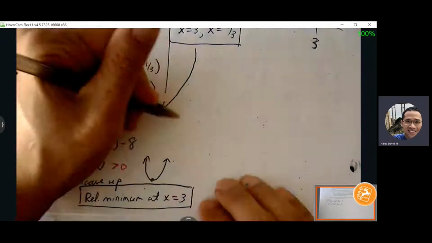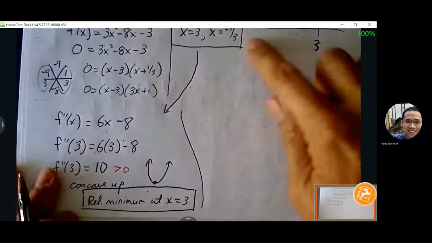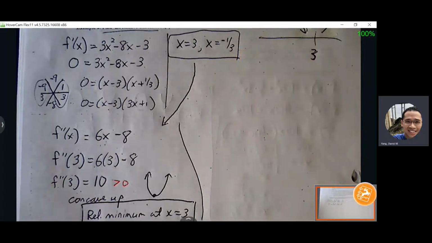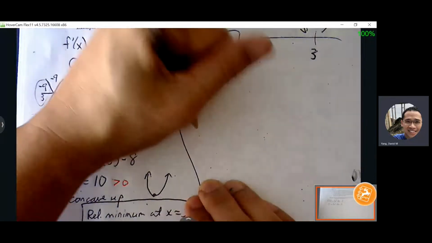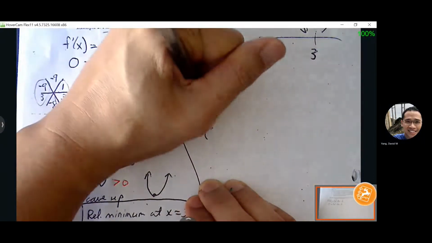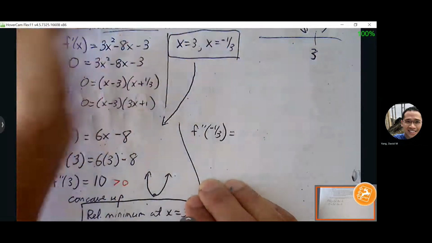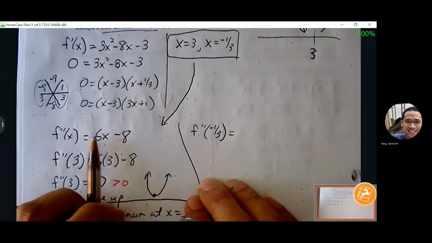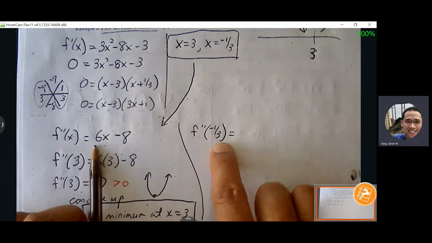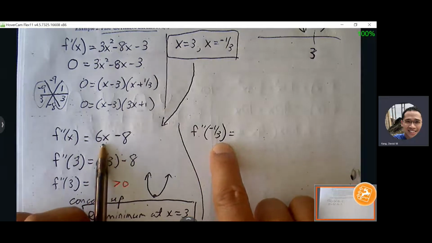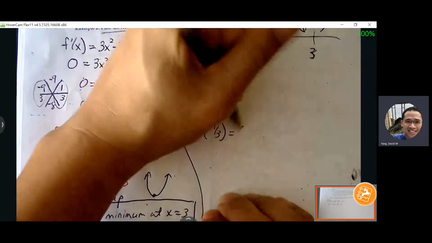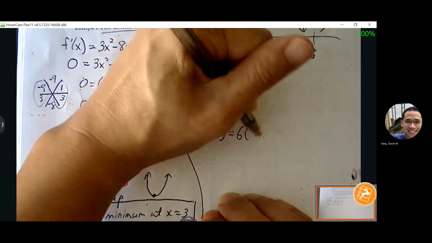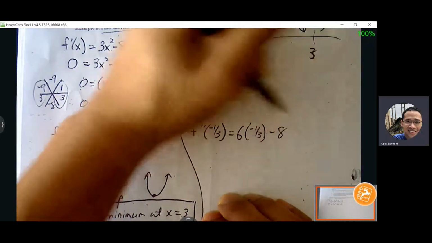So likewise, we're going to test out negative 1/3 and see what's happening, but we're doing this without the slope sign line. We're using the second derivative function. So negative 1/3 in for my x's, I get 6 times negative 1/3 minus 8.